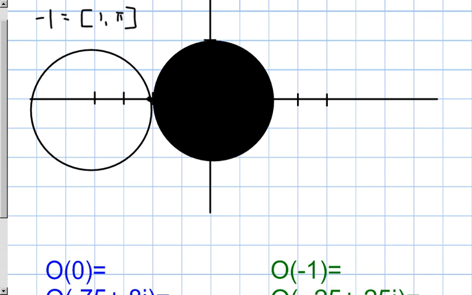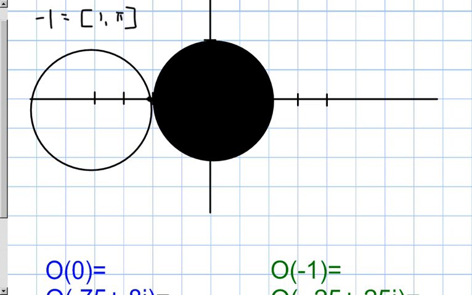This is a Julia set. But what do we call this? We call that a filled Julia set. It's different. The Julia set is the boundary of the black area, and what's inside the black area is called the filled Julia set.